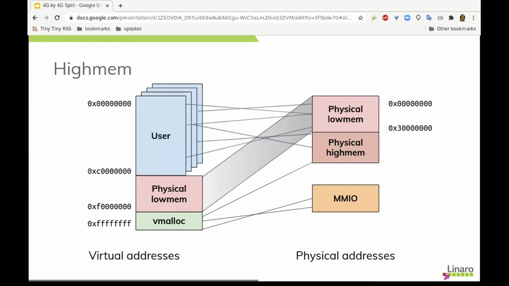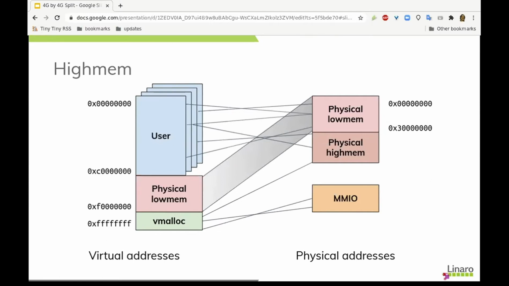And then there's something called Highmem. What it means to have Highmem on a 32-bit machine: this physical lowmem area is typically only 768 megabytes in size. So that's as much physical memory as you can map into this red lowmem area. And if you have more than this, the rest becomes Highmem.